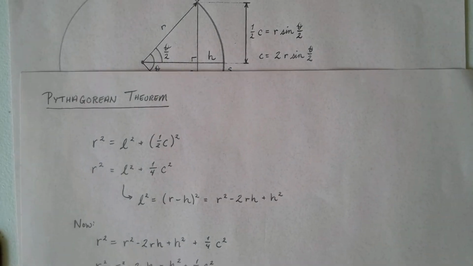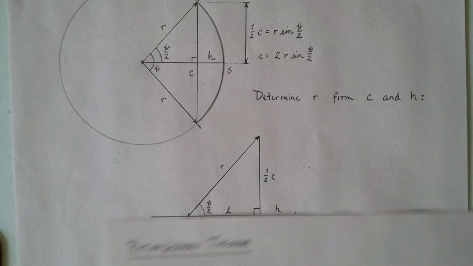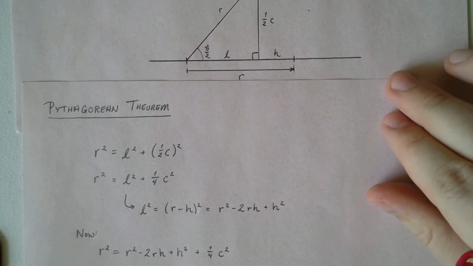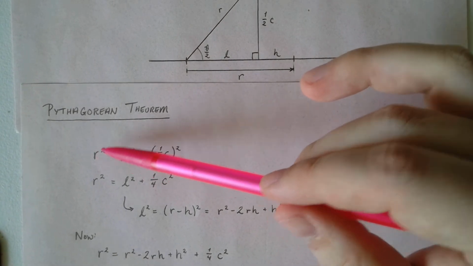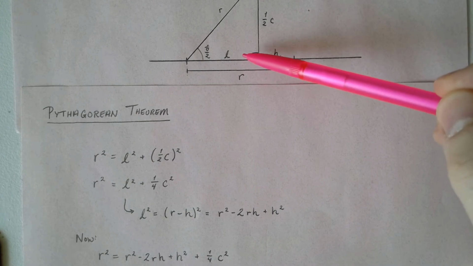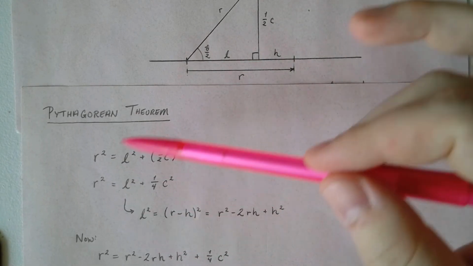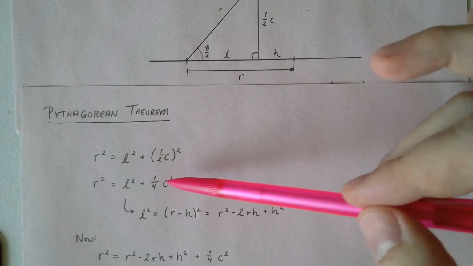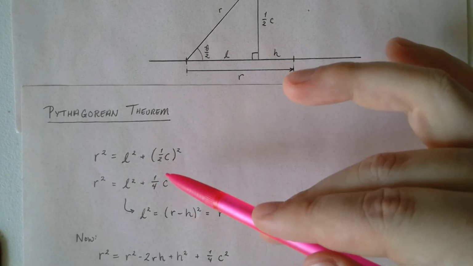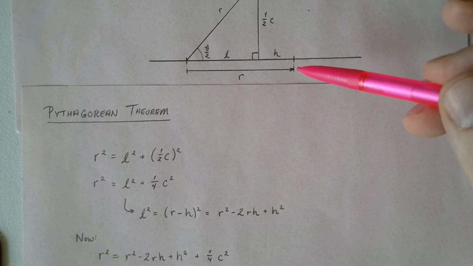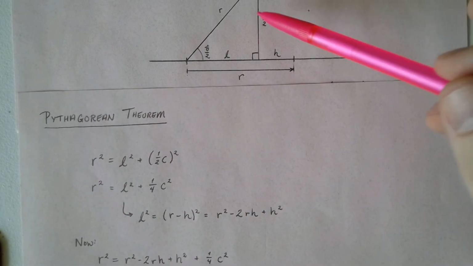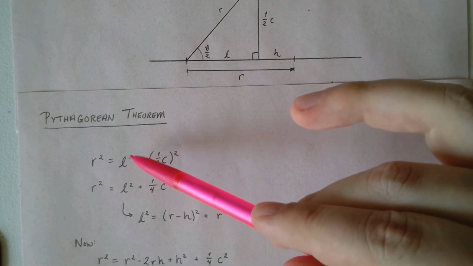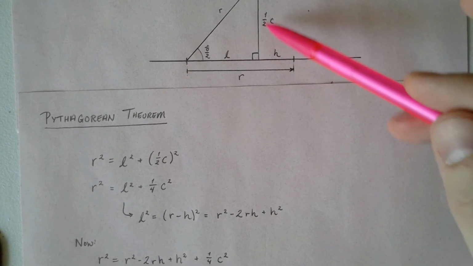Now that leads us into using this triangle to apply Pythagoras' theorem to get a second independent equation that relates the radius of curvature and the length of the base of our triangle, so that we can solve for the length of the base in terms of the radius of curvature and the two other quantities that we will determine simply by measuring. Using Pythagoras' theorem, we can deduce that the hypotenuse of our triangle, which is the radius, squared is equal to the base squared plus the side squared.